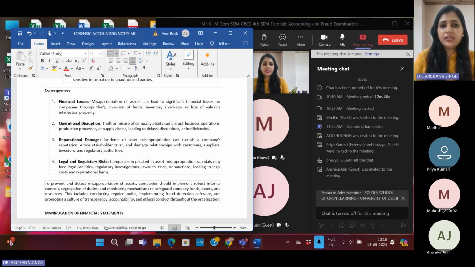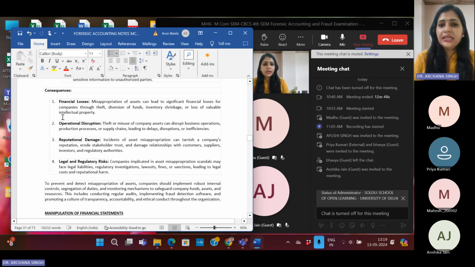Second is operational disruption. Operational disruption basically means theft or misuse of the company's assets for their own personal gain may disrupt business operations, production processes or supply chains. So what will happen there? If they are misusing the company's assets for their own personal gain, then at the time of business operations, when the assets are needed, they will not be available because they have been used for personal purposes.